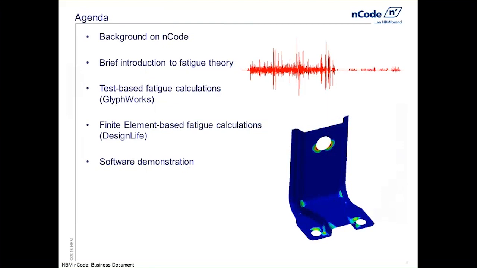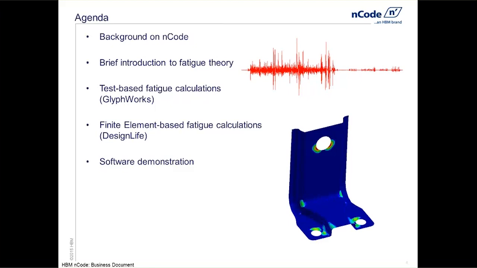So this would be taking measured strain gauge data and processing that data to come up with fatigue calculations. And that will be done in a software called GlyphWorks. After that, I will introduce the concept of performing finite element-based fatigue calculations.